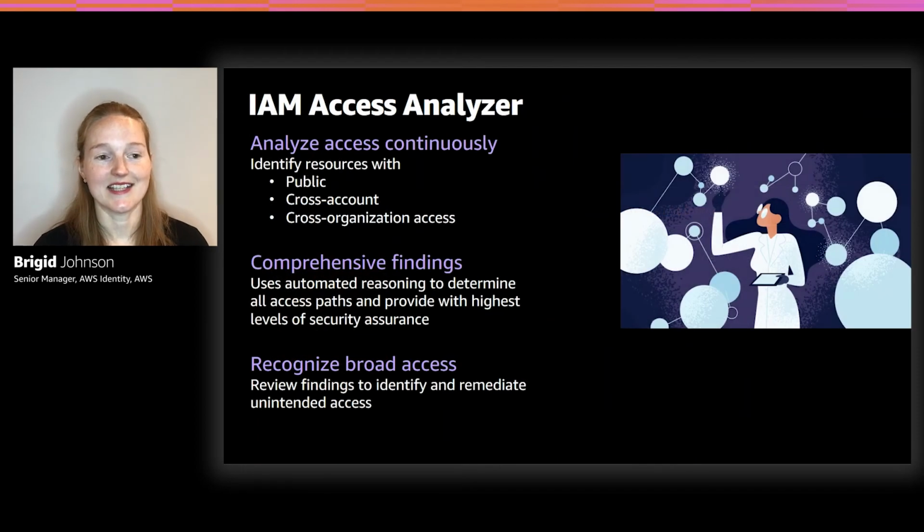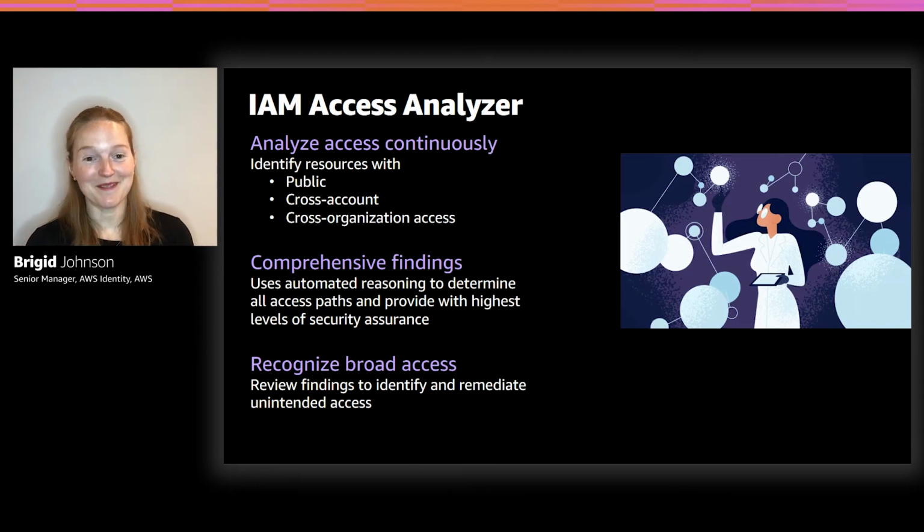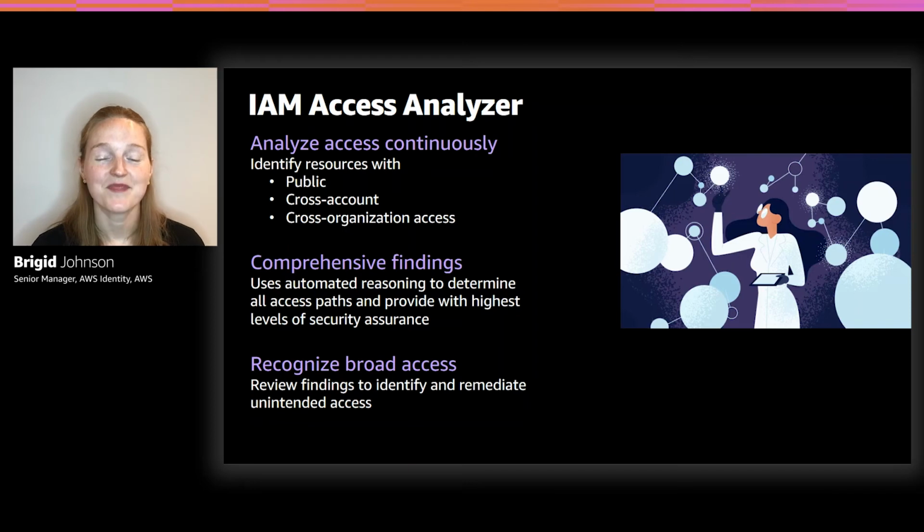So Access Analyzer looks at your resources continuously to identify public, cross-account, and cross-organization access. And these findings are very comprehensive. It actually relies on automated reasoning, which is sometimes called fancy math in Amazon. But no, in all seriousness, it uses provable security to make sure that your analysis has the highest levels of security assurance.